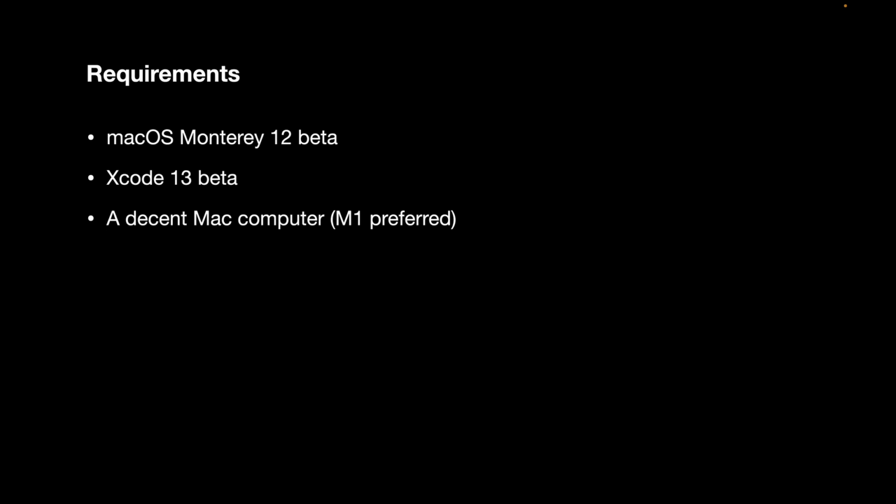Of course, that's not ideal because beta always means less stability and so on, but for this test, it worked just fine. You also need Xcode 13, which is also a beta. And same thing, you can download both of these if you sign up for the Apple developers, if you create an Apple developers account. It is free to download all of these, so you can just go ahead and do it yourself.